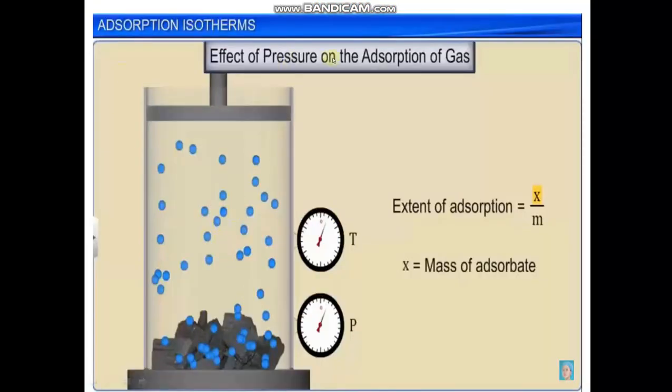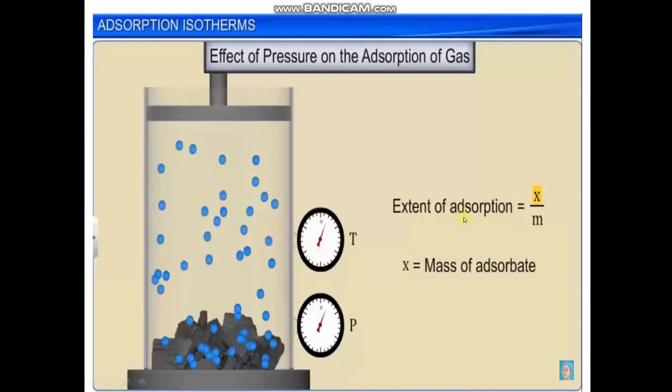So let's see what is the effect of pressure on the adsorption of gas. What is adsorption? You know well, adsorption is the accumulation of molecular species at the surface rather than in the bulk of a solid or liquid.